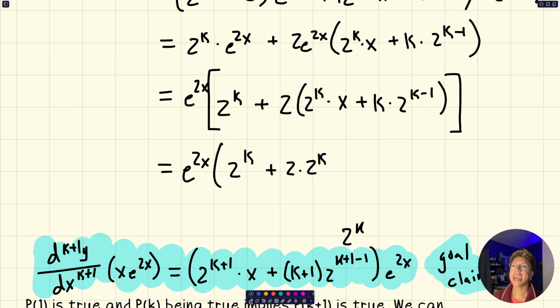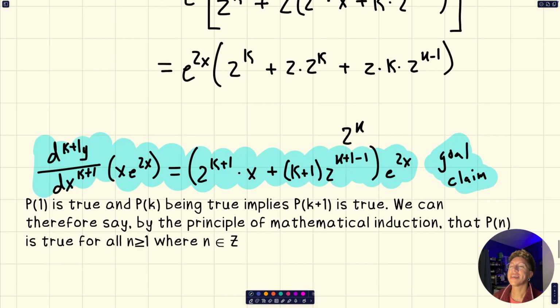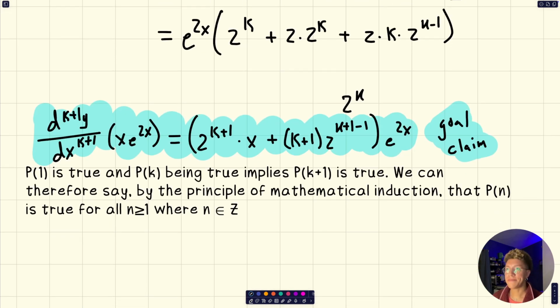So we get 2 times 2 to the k, and then we get plus 2 times k times 2 to the k minus 1. And maybe you can now start to see where this is going, if you didn't already see it from before. So when we multiply those 2's in, we can again use exponent properties to combine the powers and give us the terms that we're looking for.